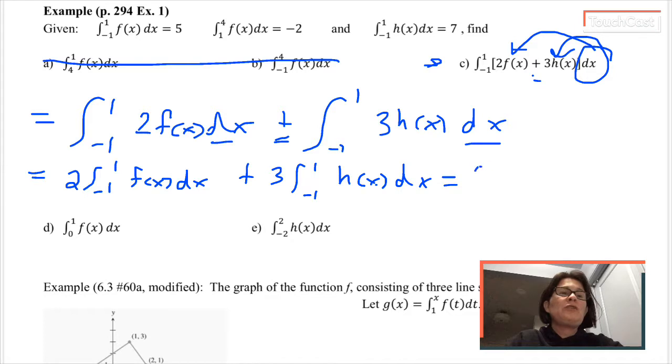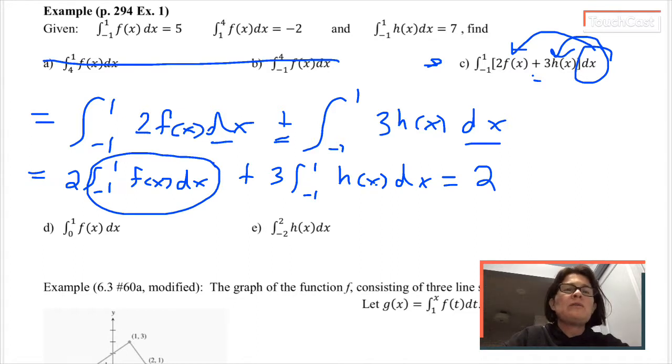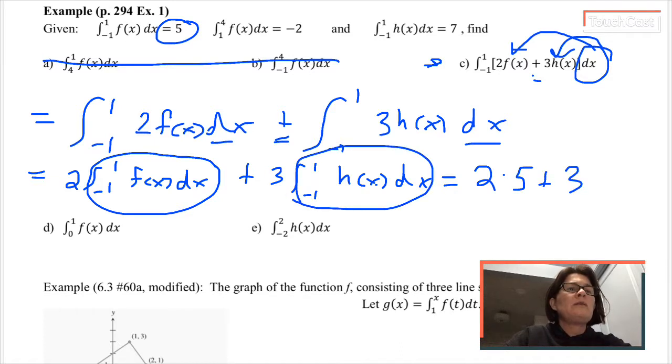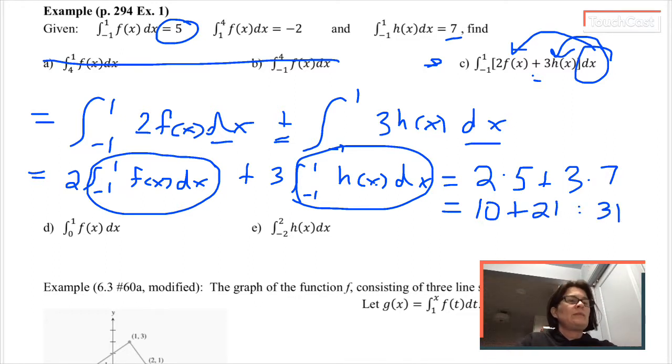And that's going to be 2 times, well, this integral is equal to 5. And this integral is equal to 7. So it's going to equal 10 plus 21, 31. Final answer.